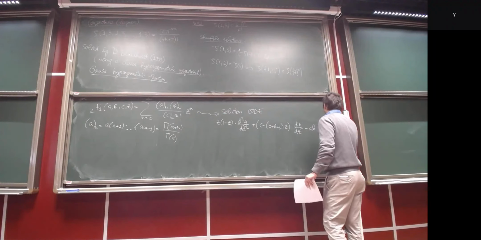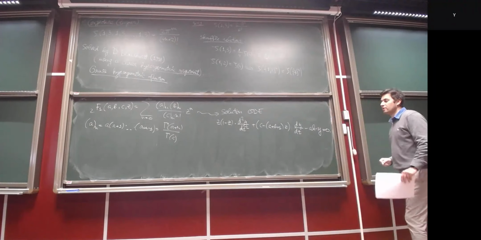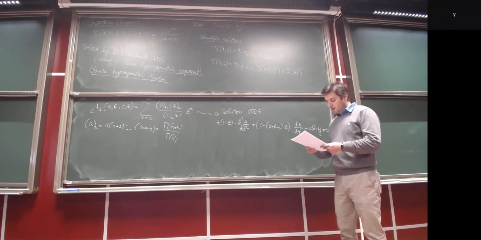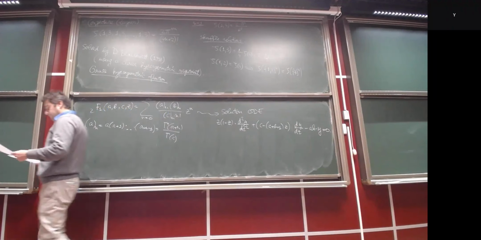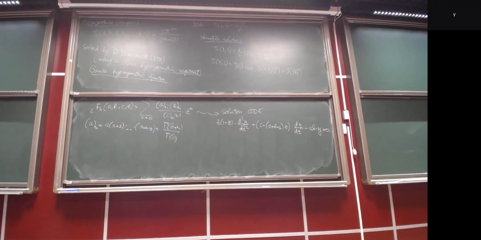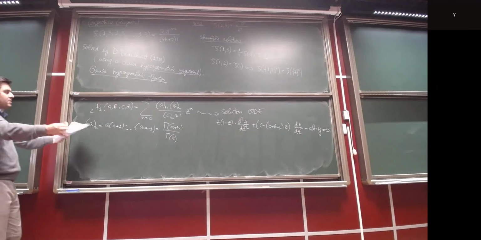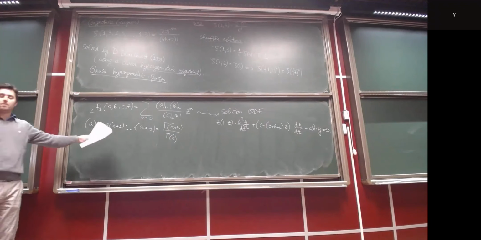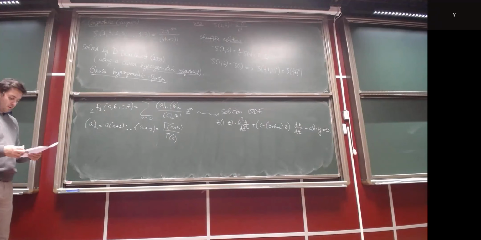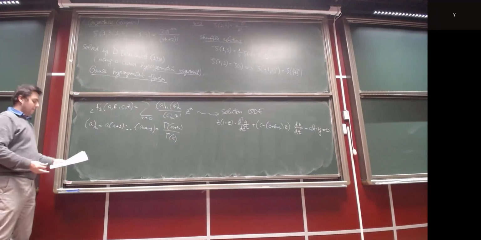So the hypergeometric function is the solution of this ODE. And of course, it has many important properties. In fact, it has an integral representation, and you can write down the Laplace transform, and so on and so forth. I will not mention that here.